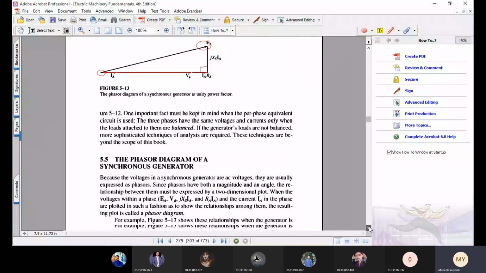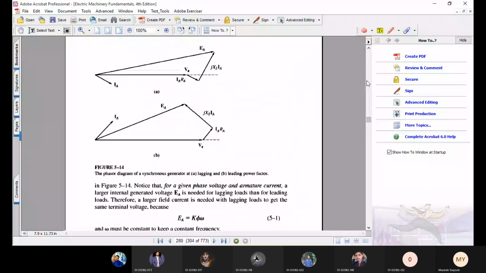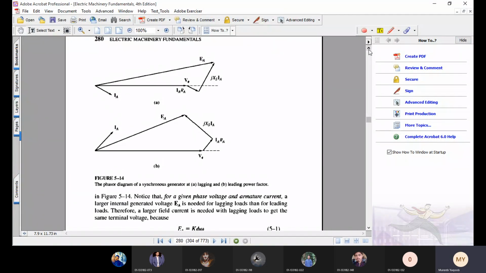Now coming to the next phasor diagram, which is displayed for you in figure 5.14e. Here you can clearly observe that the reference voltage, V phi, is along the positive x-axis, while the load current, which is the armature current since the load is connected at the armature, is lagging the output phase voltage.